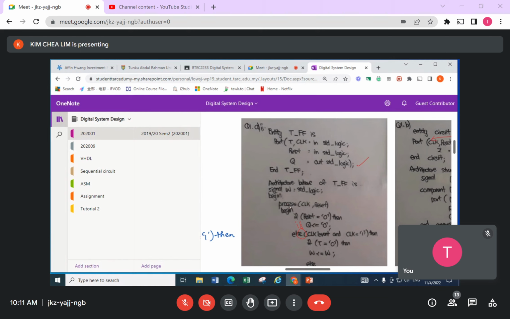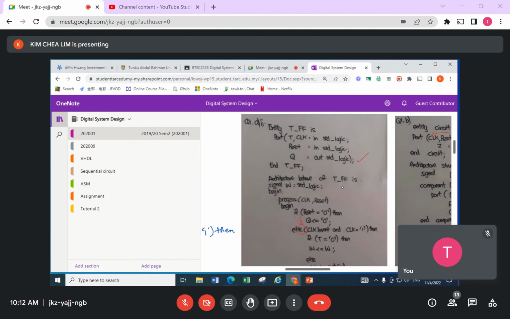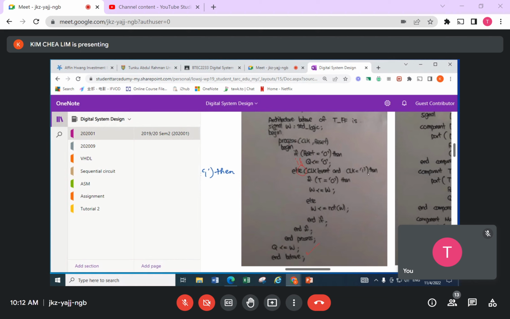Then begin process. Whatever we need to wake up this program, or call this program to be executed once, I must put into the process. So begin, I have this else if, then check if my T is 0, no change for W, else I toggle my W. Not W is the same as toggling W. And this if goes with this one, that's why it is on the same line.